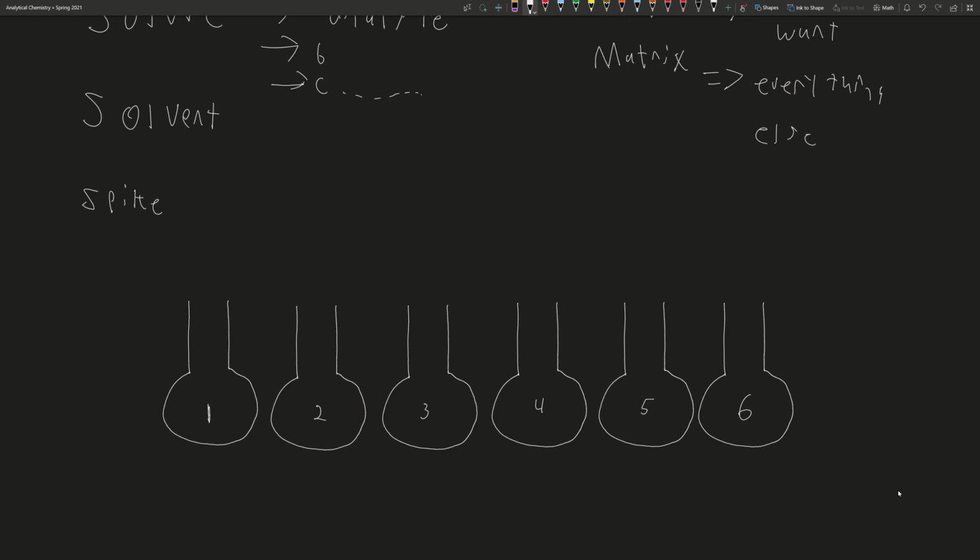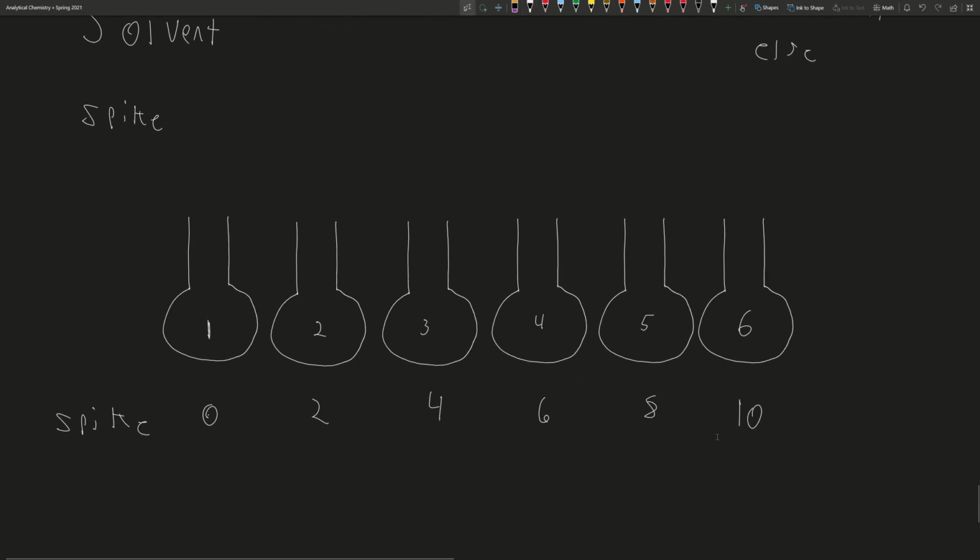How are we going to add this spike? Well, let's say this first one is going to have 0 spike. This one, let's say we're going to have 2, 4, 6, 8, 10. So to each of these, we are going to add this spike. And what is this spike?